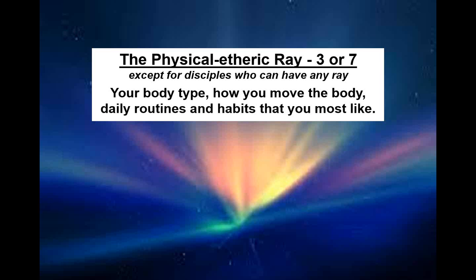So to decide whether you might have a ray on any body which is outside of what I'm going to be suggesting to you, you really need to be sure in your mind what a disciple is and whether you fit that criteria. And so in the courses we try and teach that, and if you have access to the Bailey teachings you will see he's given definitions all over the place.